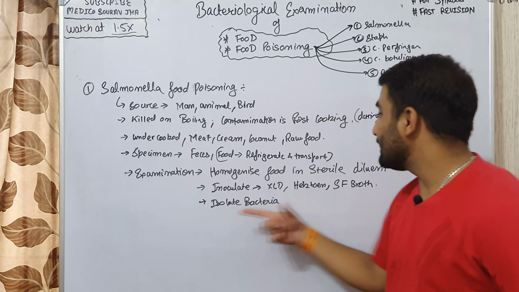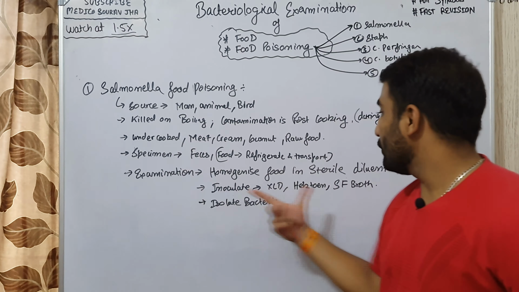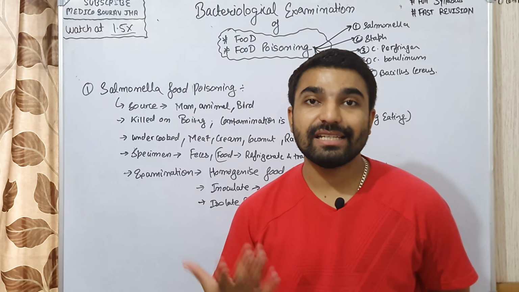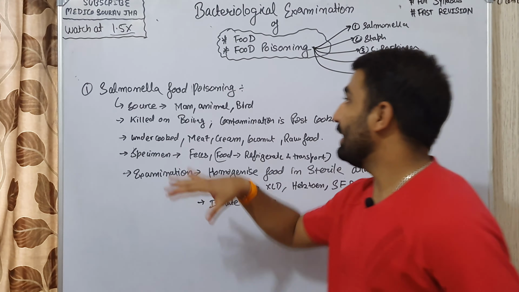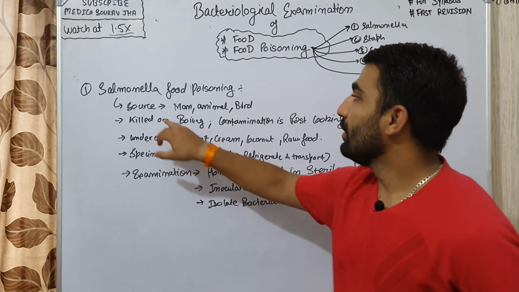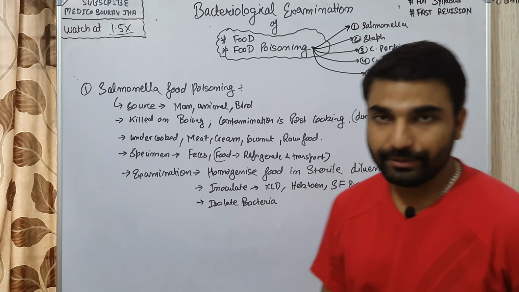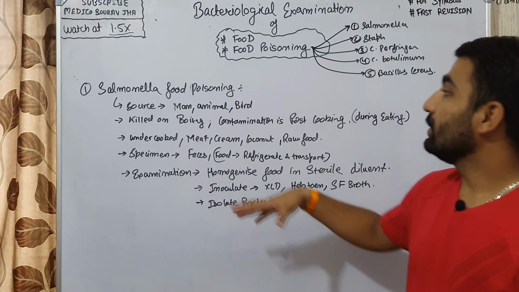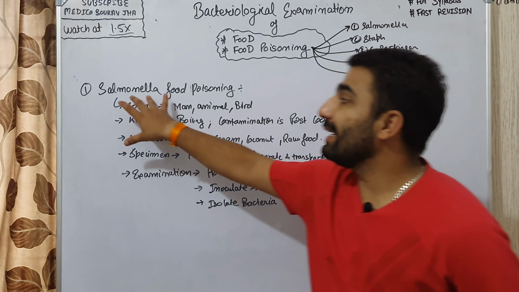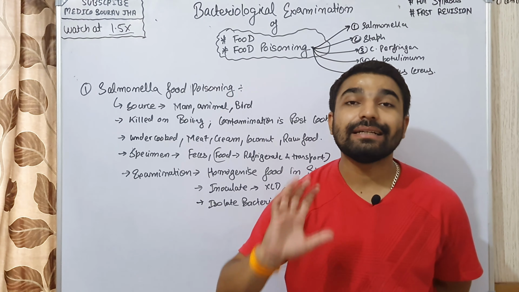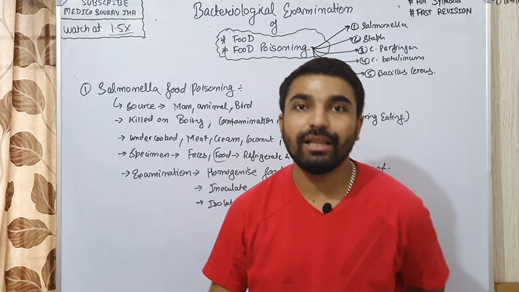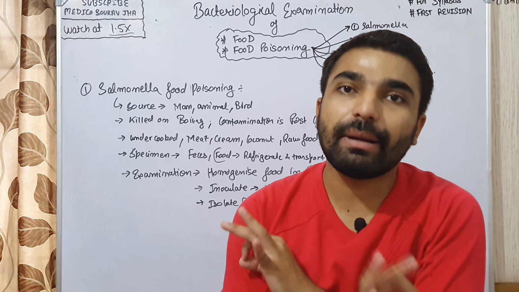If it grows, then salmonella has been confirmed as causing the food poisoning. The source can be man, animal and bird. It is killed on boiling, it is heat labile, not heat stable, it can be killed easily by heating.